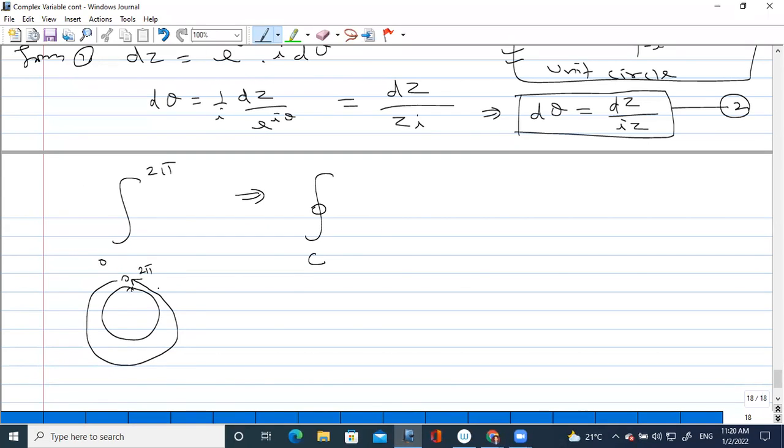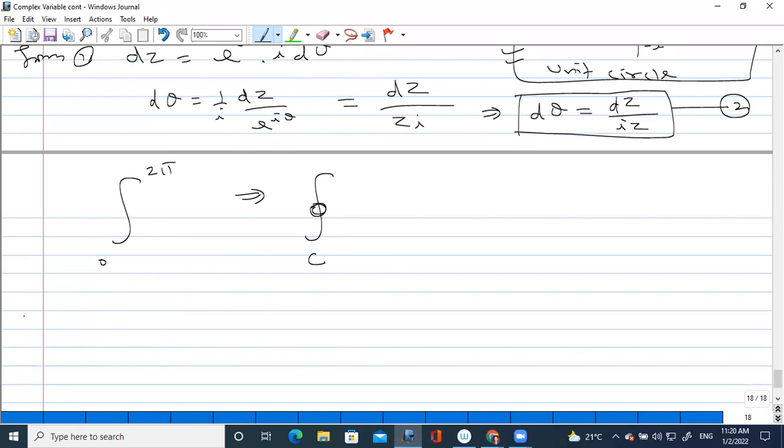And this closed circle is also telling you the same thing. So these are always equivalent. Understood? So always 0 to 2 pi can be converted to closed integral. So this also you must remember. This is just silly things, but we can use whatever we require.